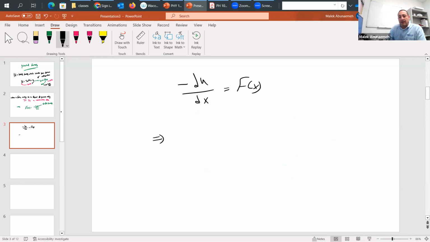That means your potential energy, U of x, taking the integral of both sides, is going to be the integral of F of x dx, and don't forget the negative goes on the other side, from x initial to x final.